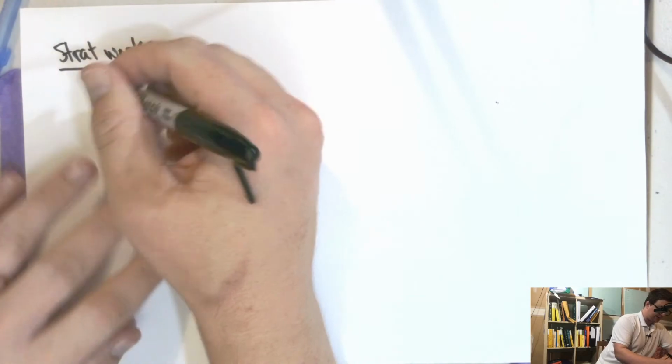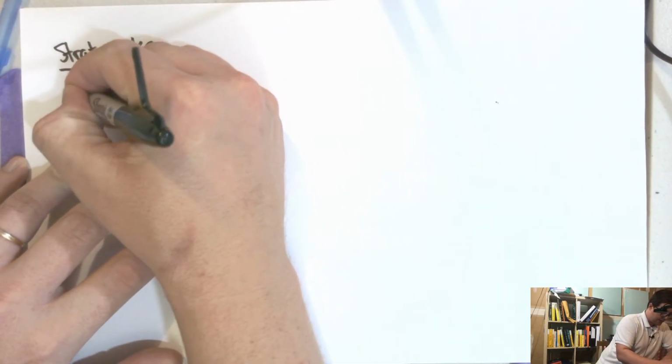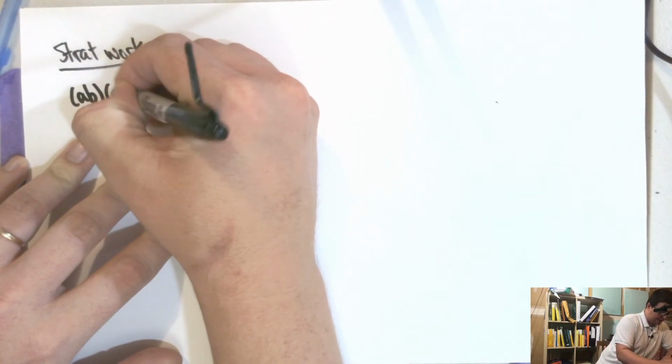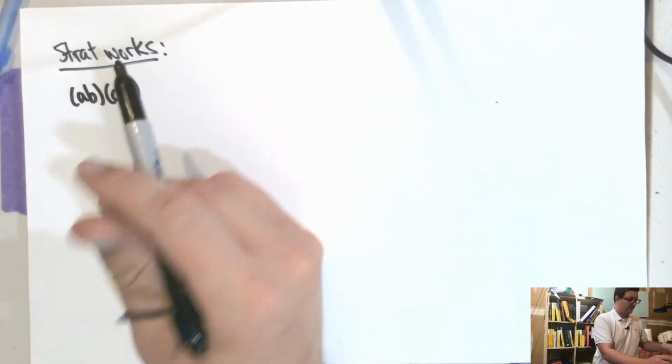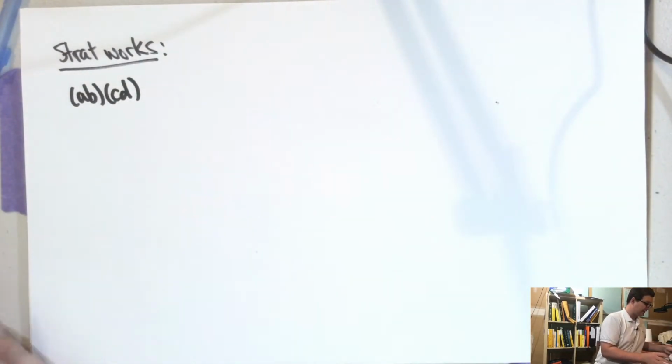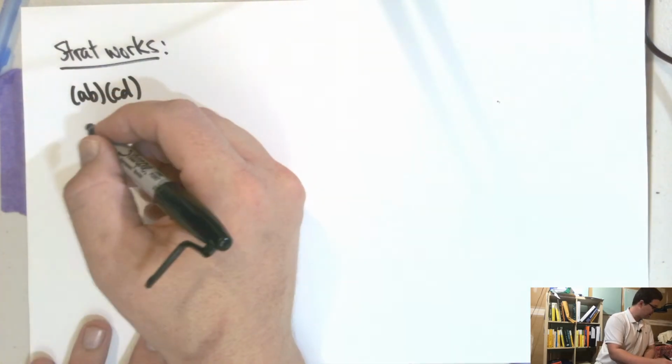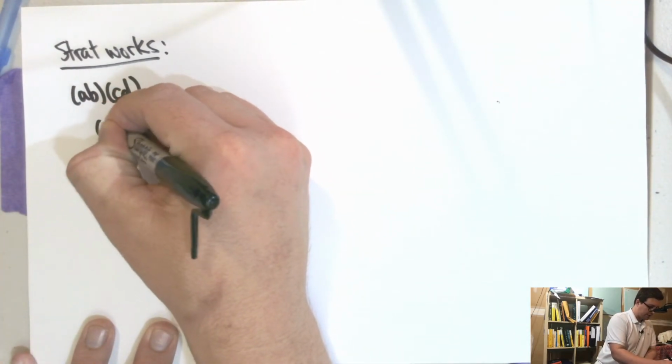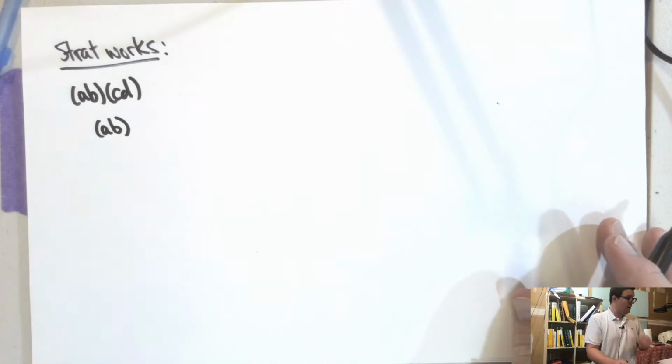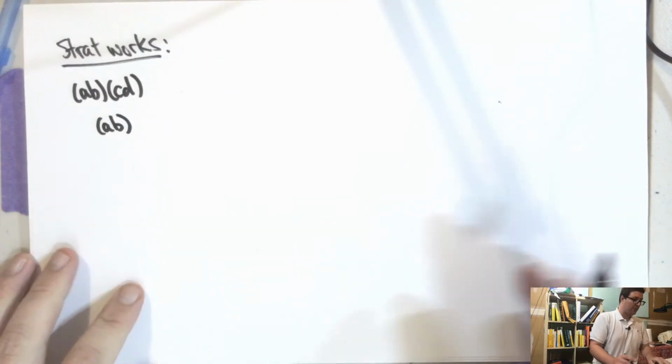Okay, so for these cycles, for A, B, C, Ds, right? Because here, let's pick one like this. And then let me do another one. It works for this one as well. Okay, so it works for these two things.